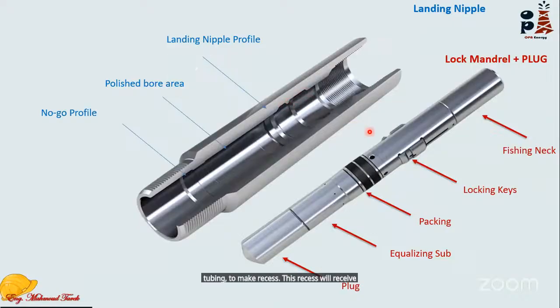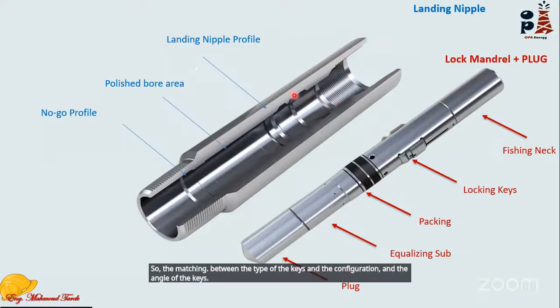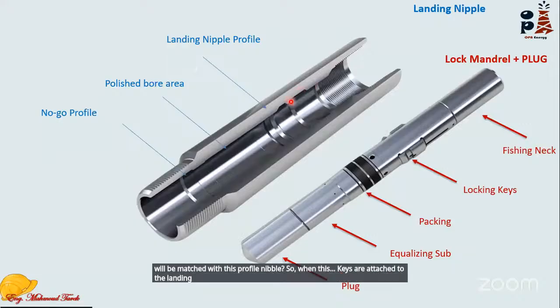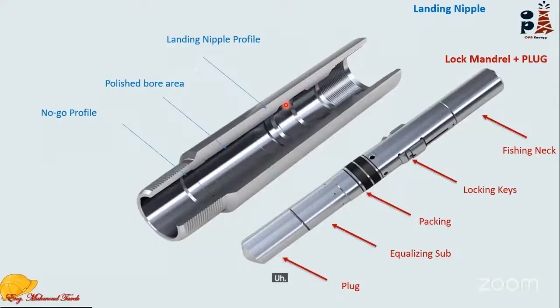It will receive these keys. So the type of the keys, their configuration and angle, will be matched with this nipple profile. So when these keys are attached to the landing nipple, they are engaged together and set in place.